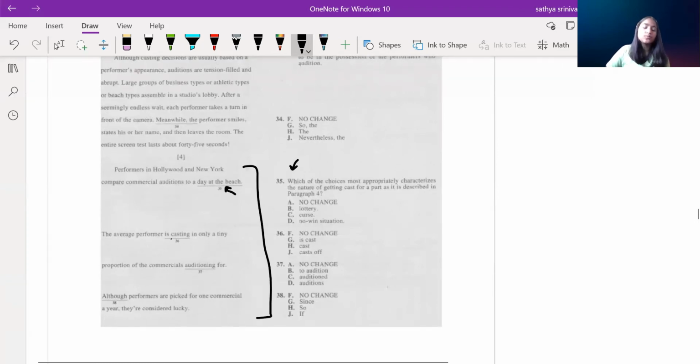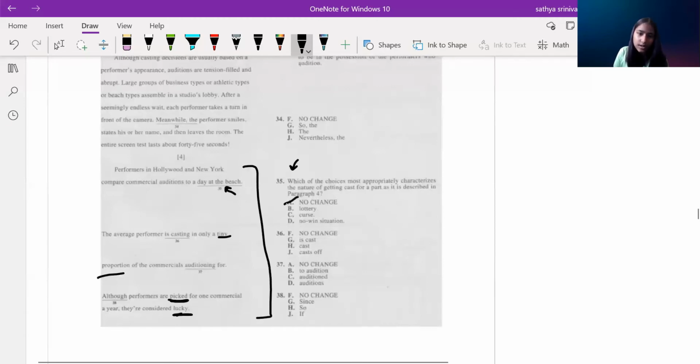The average performer is cast in only a tiny proportion of the commercials they're auditioning for. Although performers are picked for one commercial a year, they're considered lucky, right? So that's just a key word that we just found. Lucky. What else? A tiny proportion. Picked, right? So these are all key terms to say, is it more like a day at the beach?